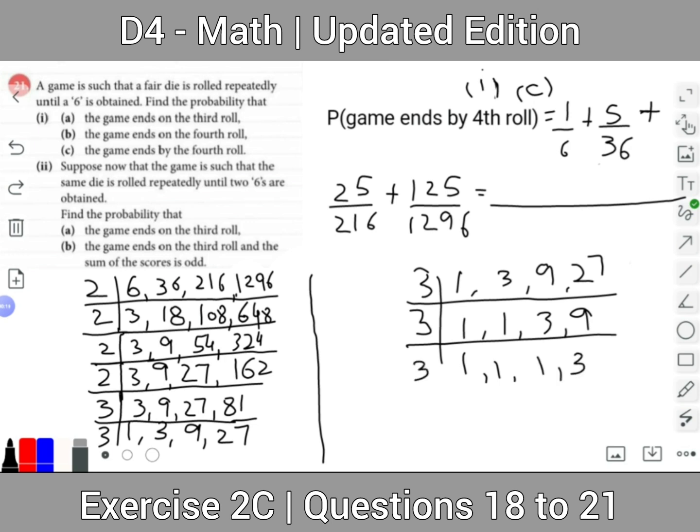Again we have 3 1s are 3. So after multiplying all these factors, we will get LCM 1296.